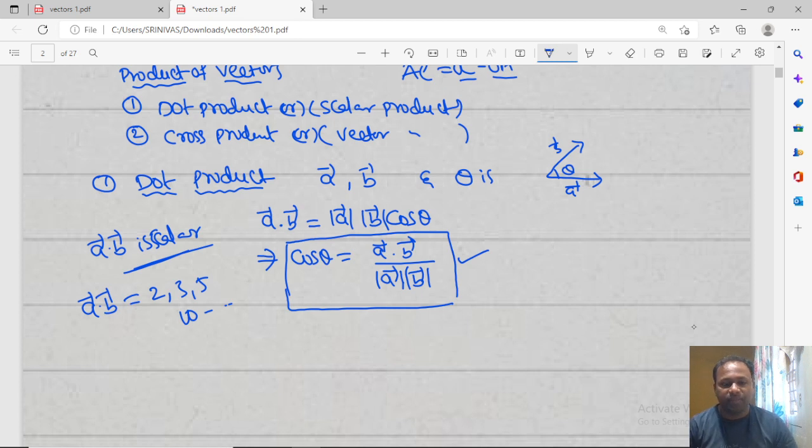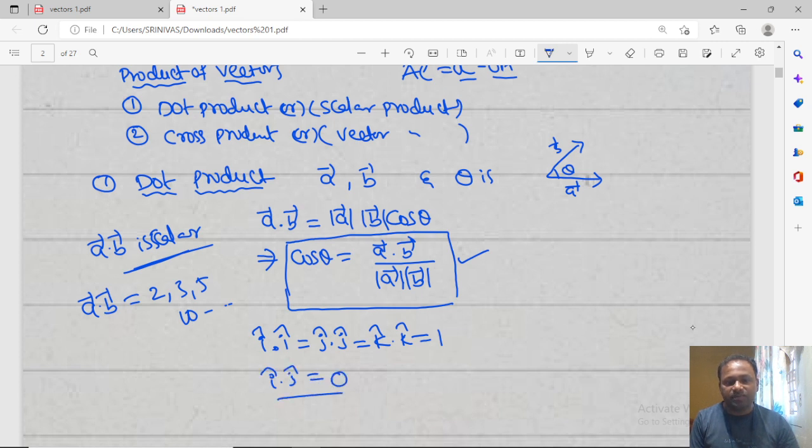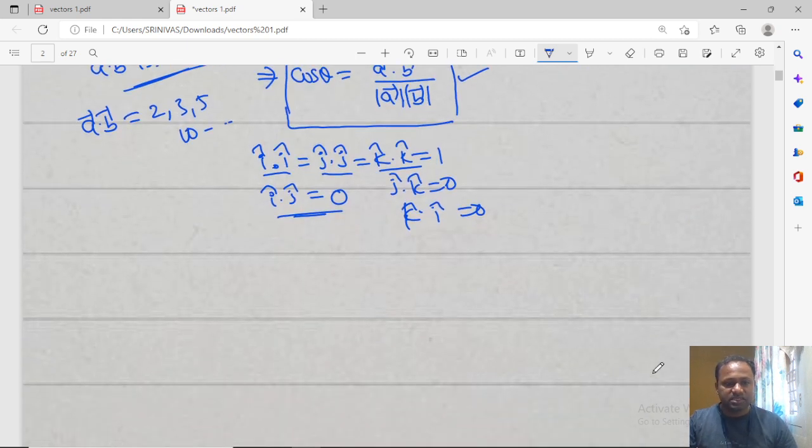One more condition we need to remember: i dot i equals j dot j equals k dot k equals 1. i dot the remaining equals 0, j dot the remaining equals 0, k dot the remaining equals 0. So for the same terms the dot product value will be 1. In this context I will give some small examples.